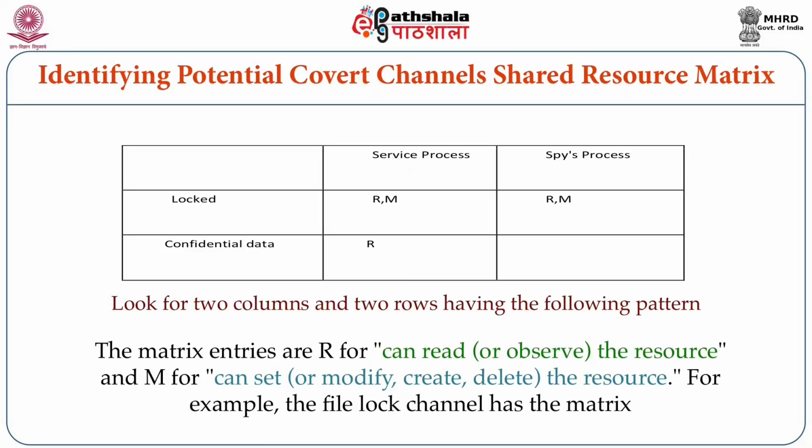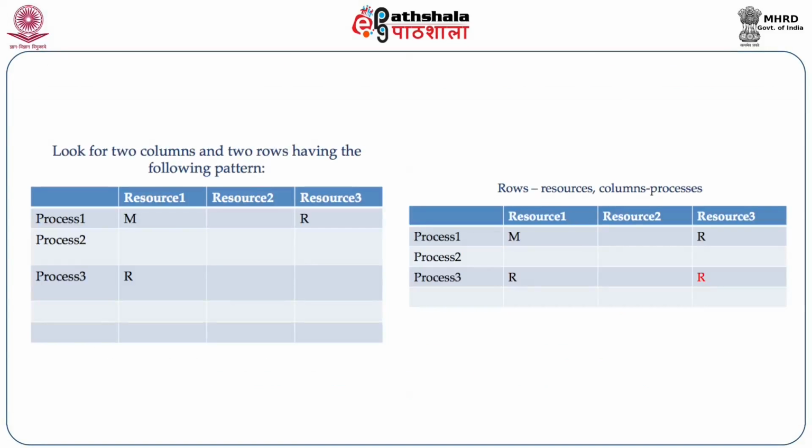For example, the file lock channel has the matrix locked for service program R and M, spy process R and M, confidential data service process R. So this kind of matrix is created. Look for 2 columns and 2 rows having the following pattern. This pattern identifies 2 resources and 2 processes such that the second process is not allowed to read the second resource.